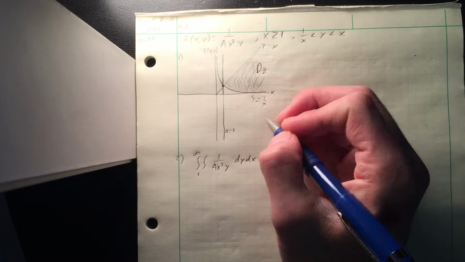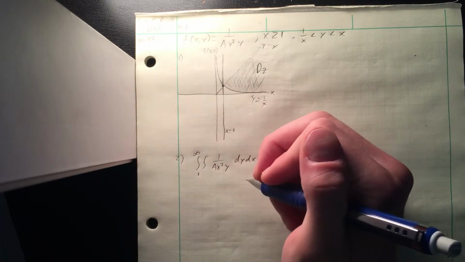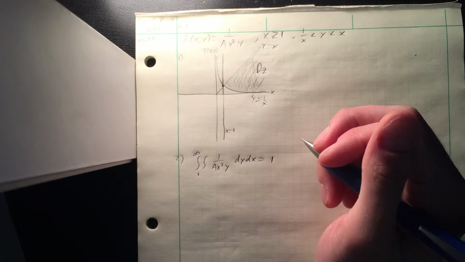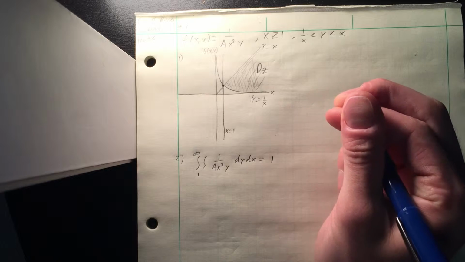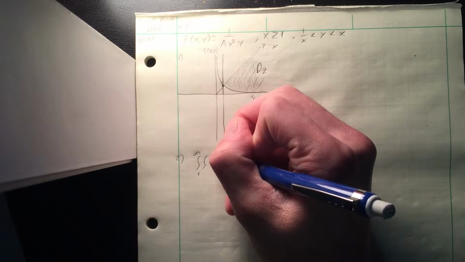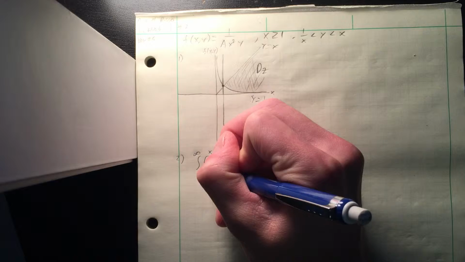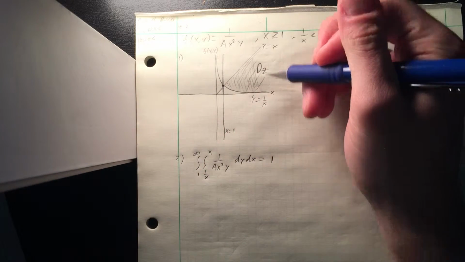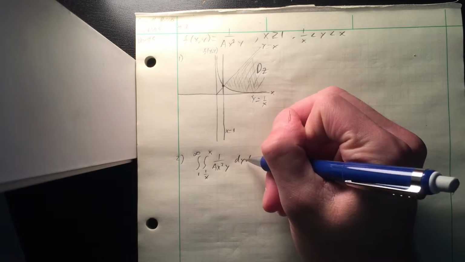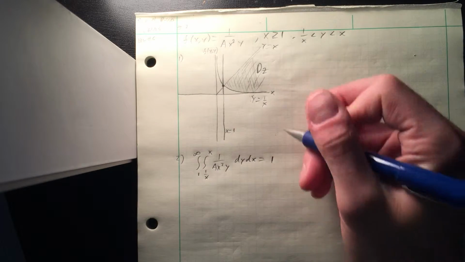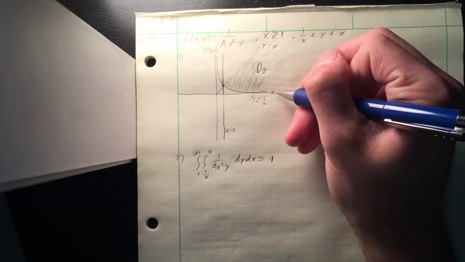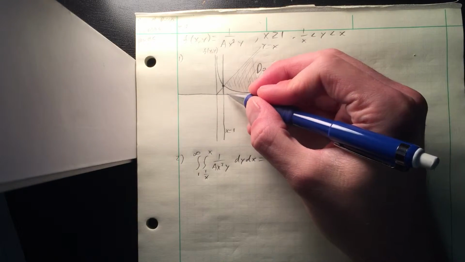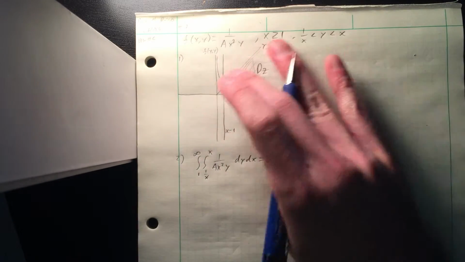So from the lower limit of y to the upper limit of y for dy. In a way you could say it's from 0 to infinity, but you don't have those values here, so you have to use the curve as your limit.